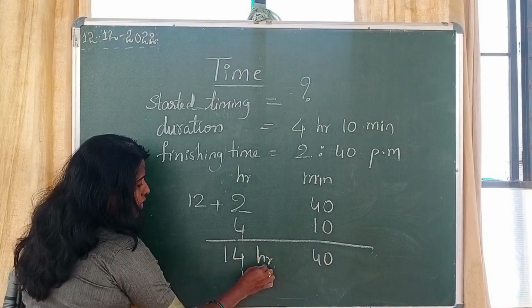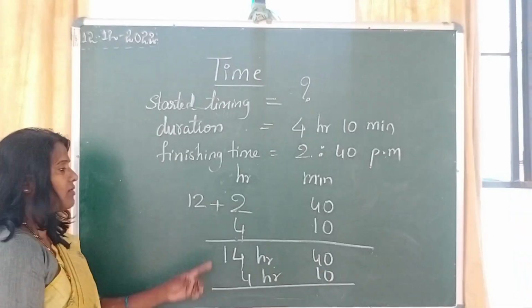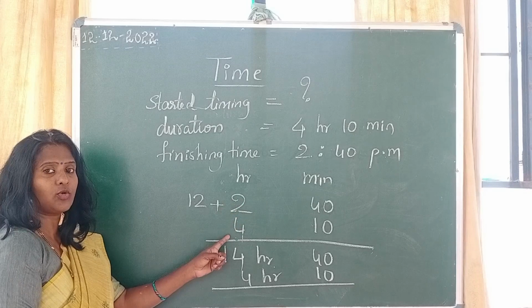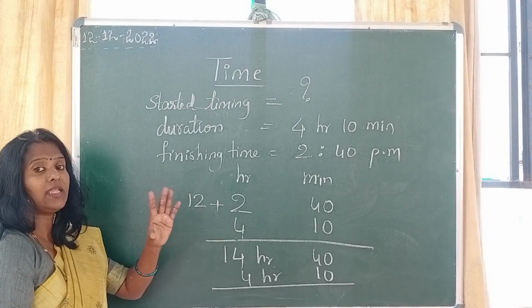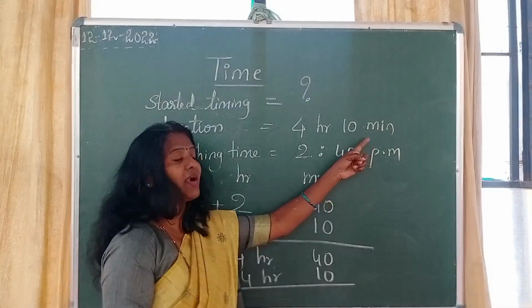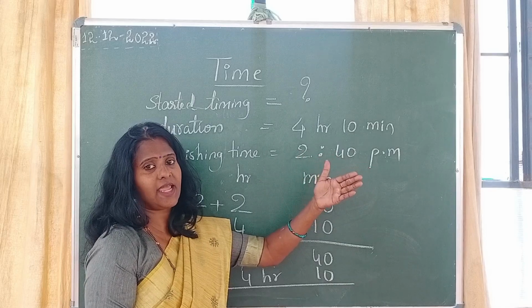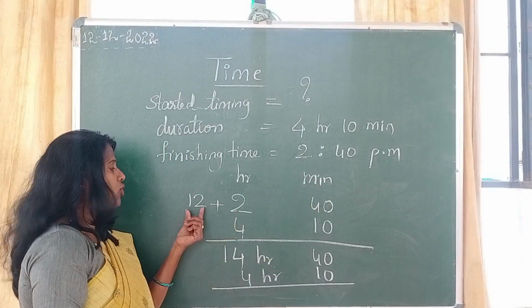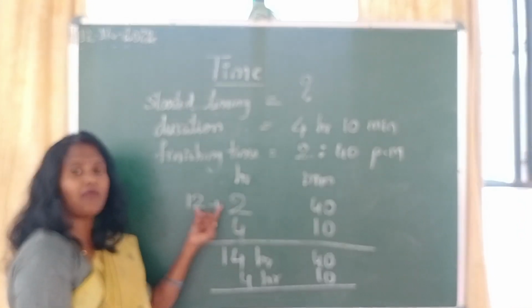This is 4 hours 10 minutes. Whenever you cannot subtract a bigger hour from a smaller hour, then you have to borrow plus 12 here. Because in one day there are 24 hours. But here since PM and AM are there, we are dividing into 2 parts, day and night. So we are dividing 12 hours, and we have to take half a day here.